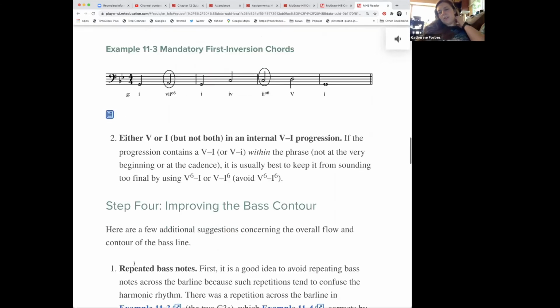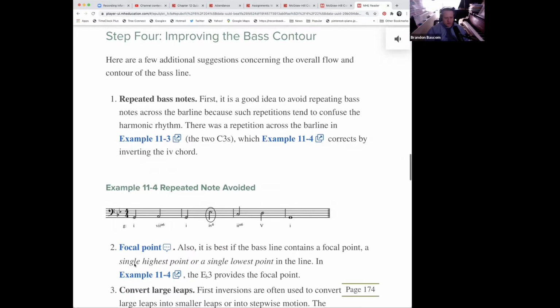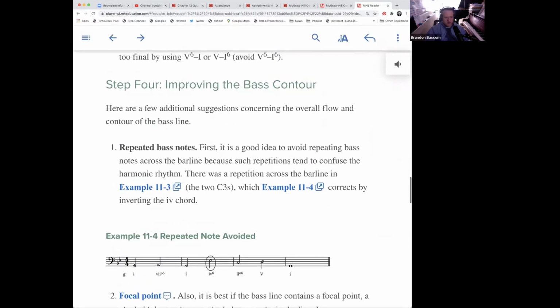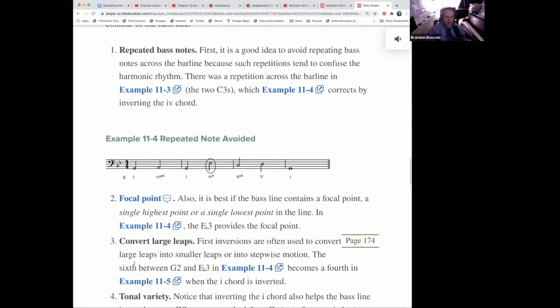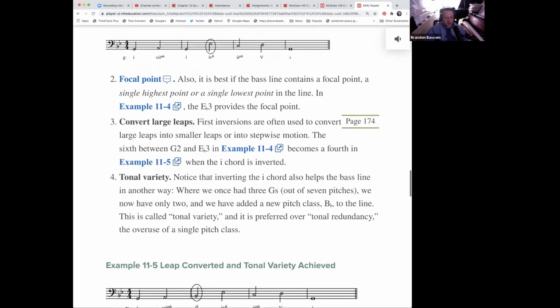All right. We don't want to repeat bass lines, especially across a bar line. Do you remember that rule? We need to have a focal point. We want a bass focal point, and we want a soprano focal point. We don't want large leaps. We want tonal variety.